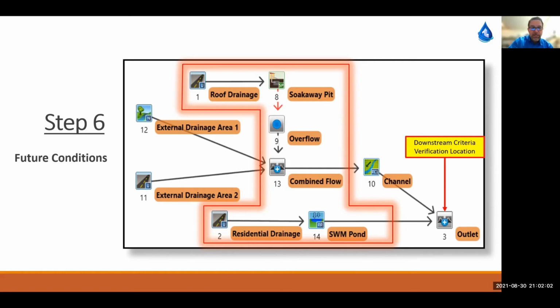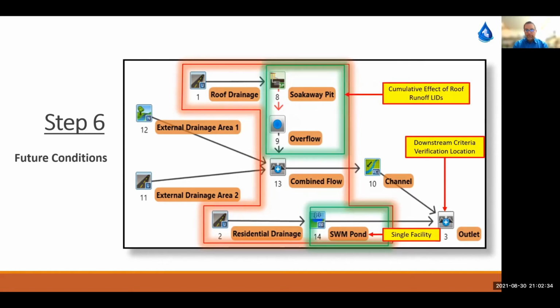It does not infiltrate. At the bottom, we see the residential drainage, which is the roads, the grass in front of the houses, or in the back. Anything that doesn't go into the soakaway pits goes into the stormwater management facility, which you see here with the ID number 14. Both of these combine into the channel, and the downstream end of the channel is our evaluation point for this project.